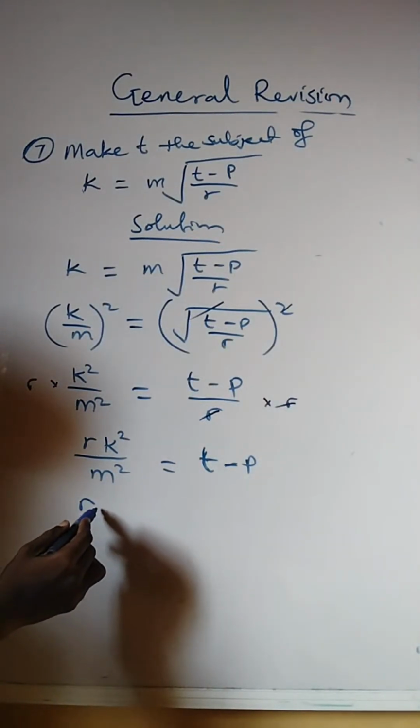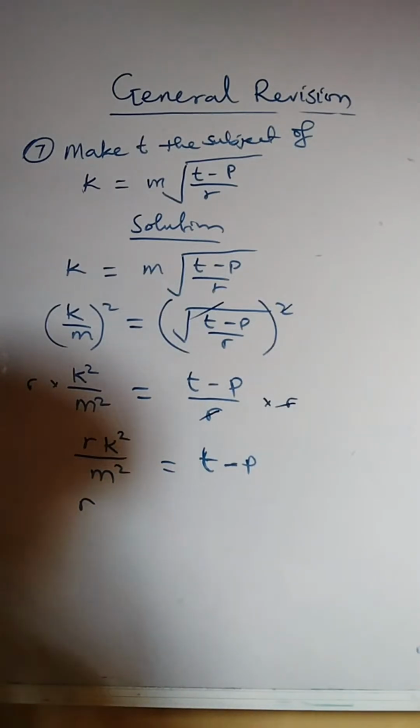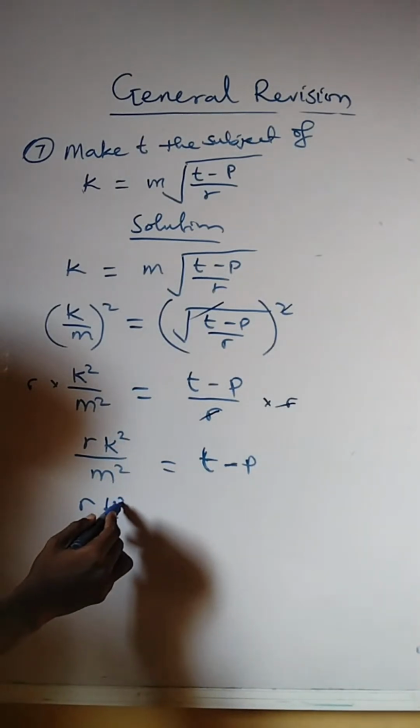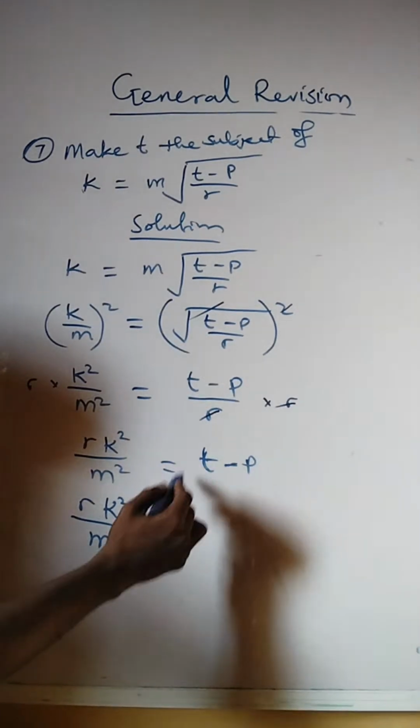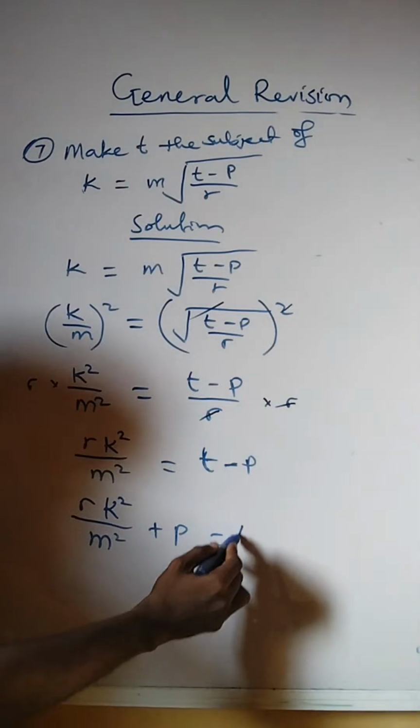And we have K square R, or R K square, over M square, plus P equals T.